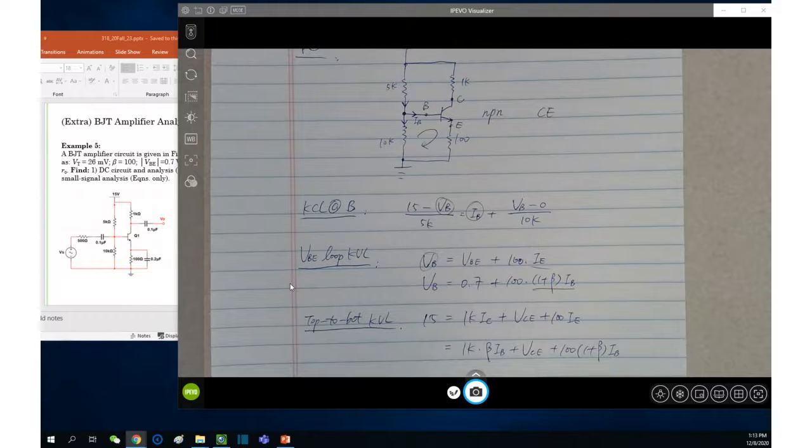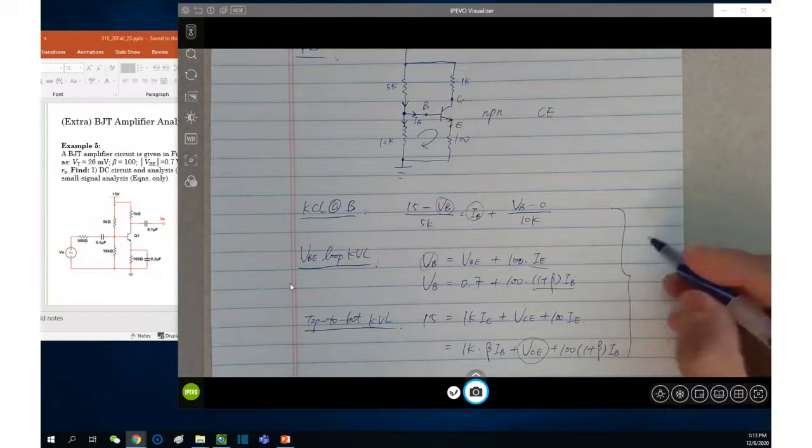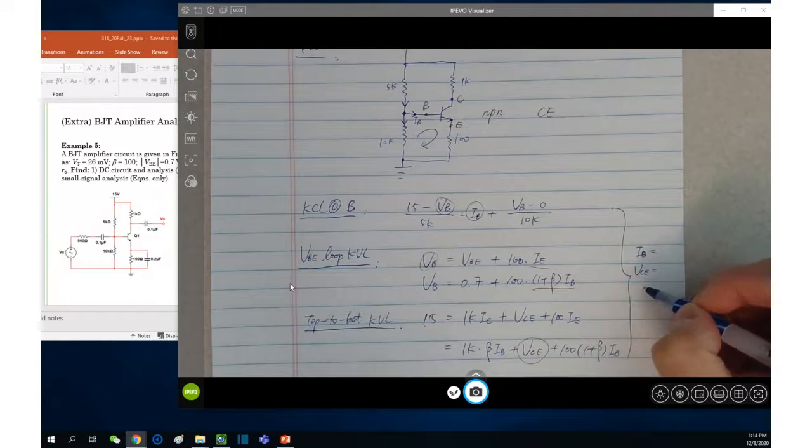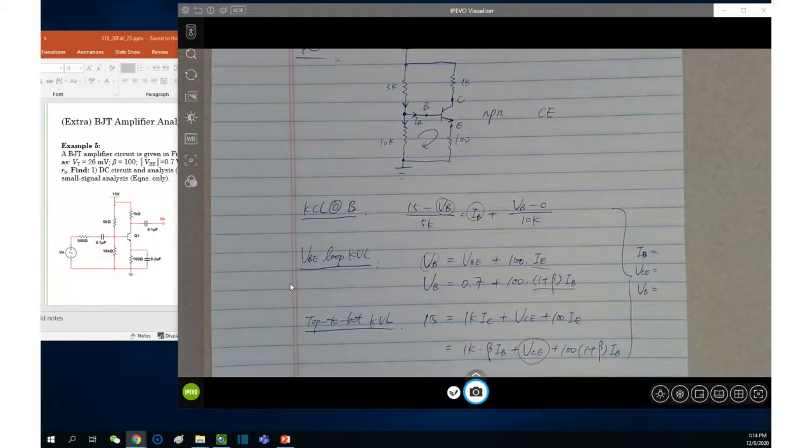So eventually, what you have is 3 unknowns: VB, IB, and VCE. If the problem asks for anything, you can find them by this. From IB, you can find IC, which really matters, and from VCE, you can check the active region. This is pretty much the DC analysis.